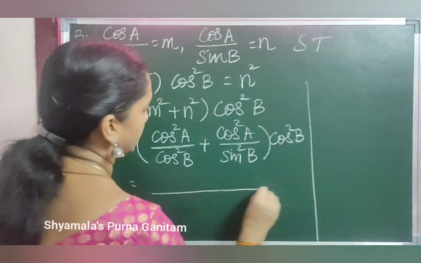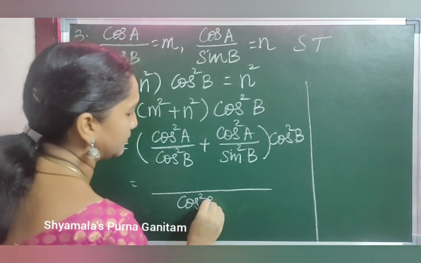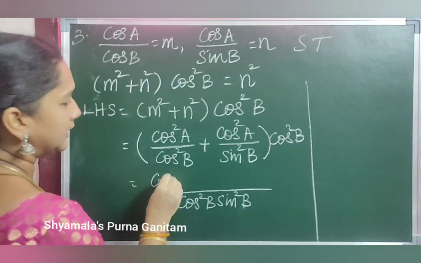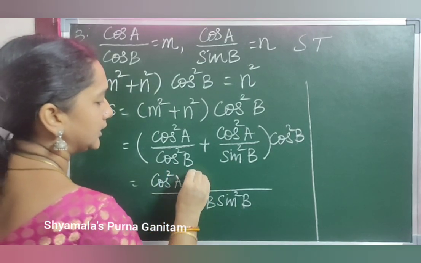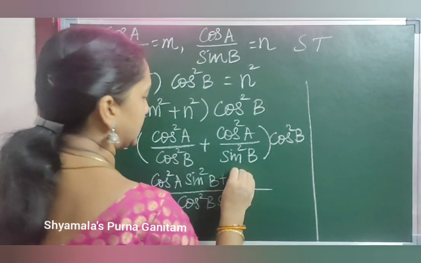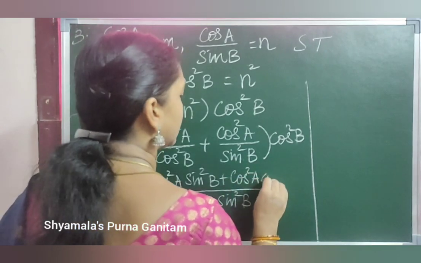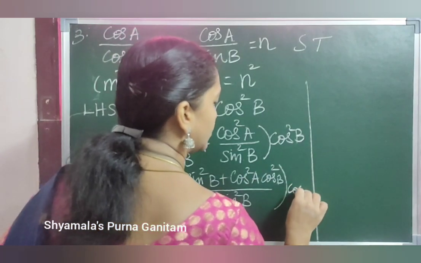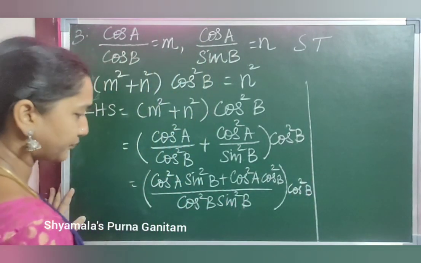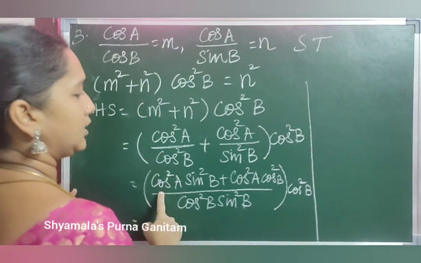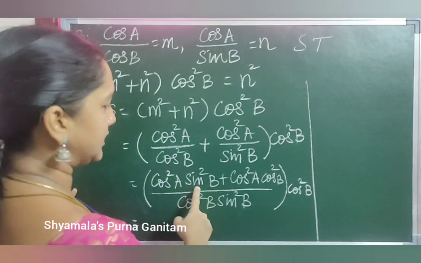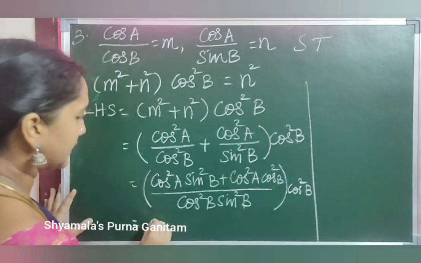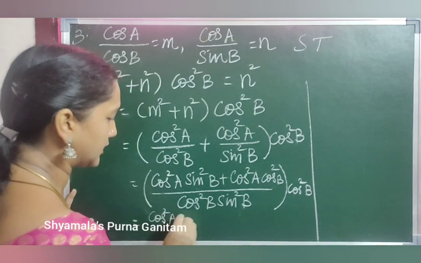Then when I take the LCM, cos squared B, sin squared B, in the numerator I will get cos squared A into sin squared B plus cos squared A into cos squared B. This is inside the bracket. Outside I have cos squared B. So now, in cos squared A sin squared B plus cos squared A cos squared B, I will take cos squared A outside.